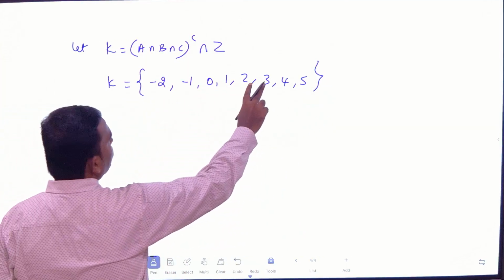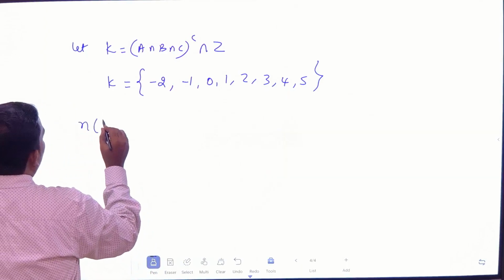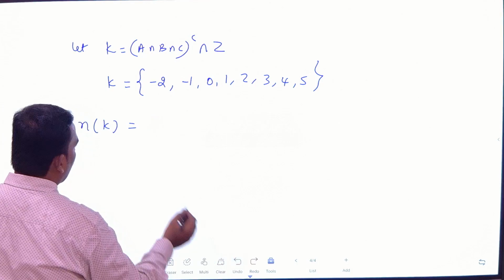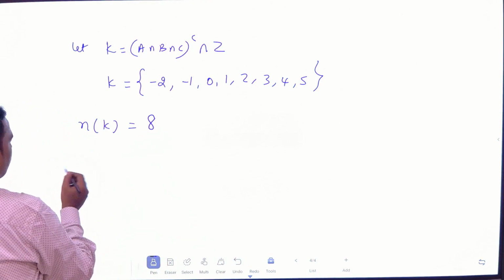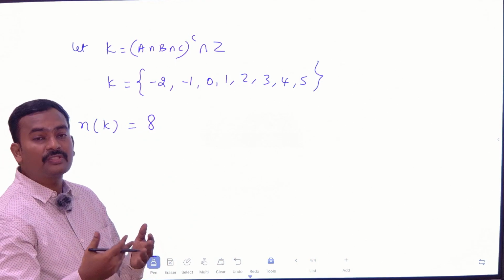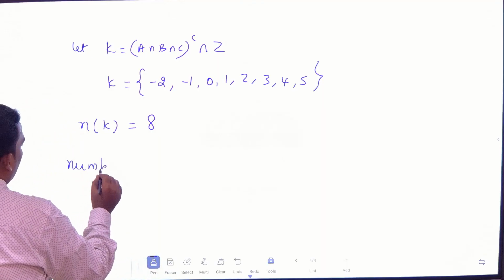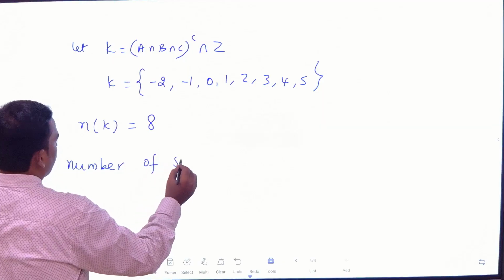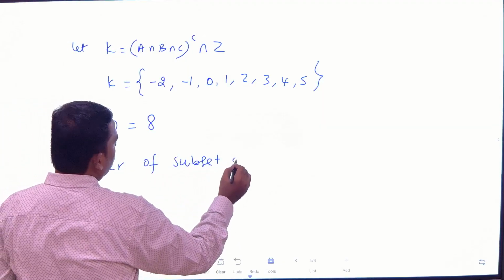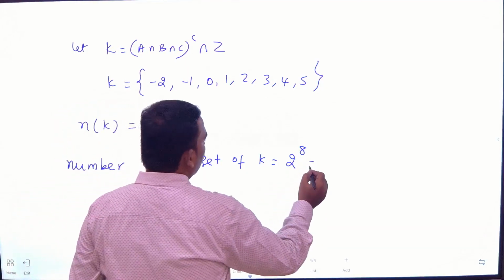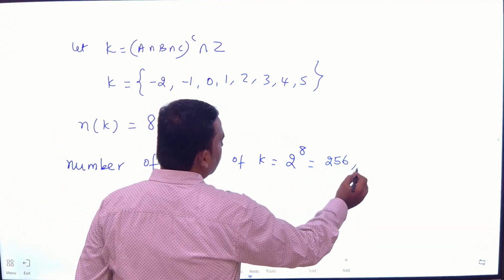So 2, 4, 6, 8. Therefore, the number of elements in K will be 8. Okay, 8. So what they are asking is the number of subsets of K, which is 2 power 8. So 2 power 8 is 256, your answer.